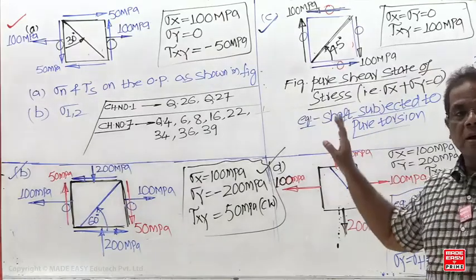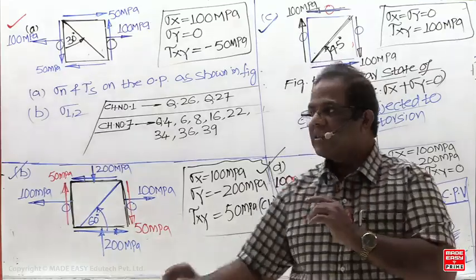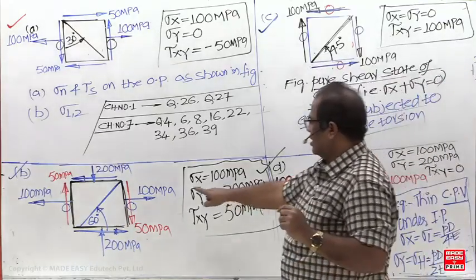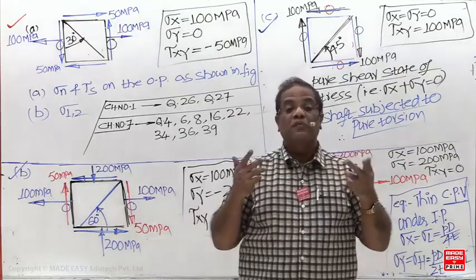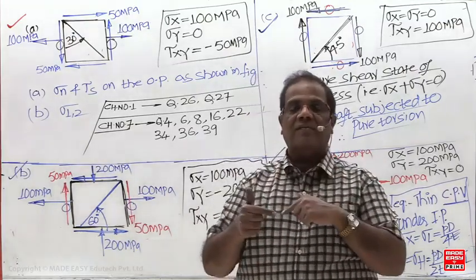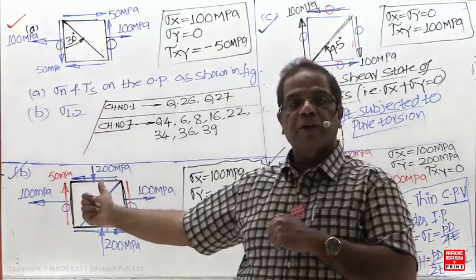In the objective exam, how do you find sigma x, sigma y, tau xy? In an objective examination, these values are given directly. Sir, but how do we find sigma x, sigma y, tau xy? For that, you need the load concept. So these are all from the objective point of view.